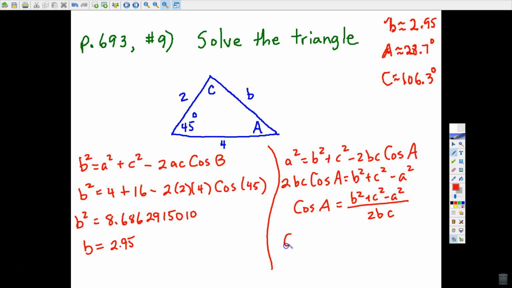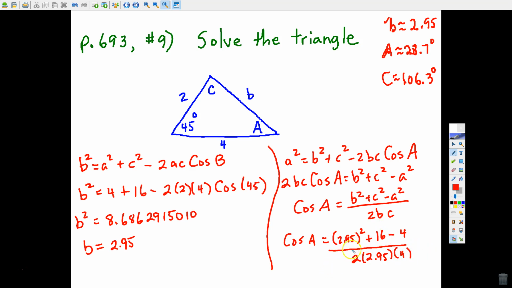All right, so let's go back and plug in what we know. We know B, so that's 2.95 squared, plus C squared, which would be 16, minus A squared, which is 4, and all of that's divided by 2 times B, 2.95, times C, which is 4.